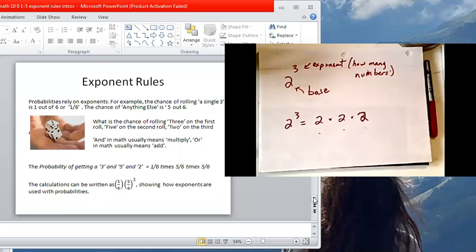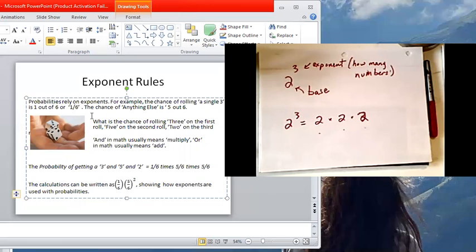Just a related example, rolling dice instead. Let's say we're looking at rolling a 3. Well, the 3 happens 1 out of 6 times. There's only 1 dice, right? Anything else, getting a 2 or a 1, is 5 out of 6.